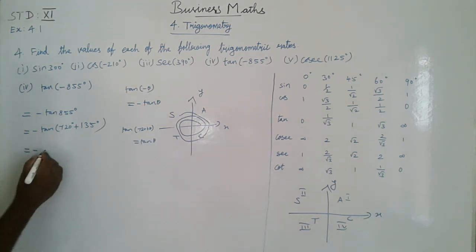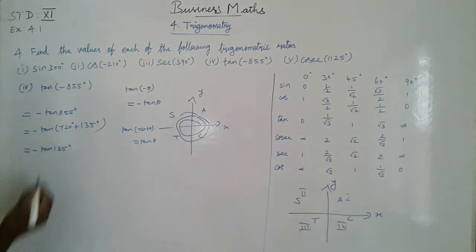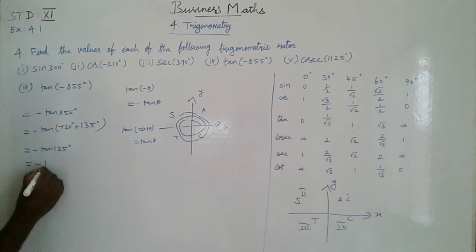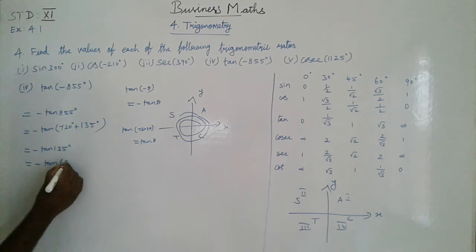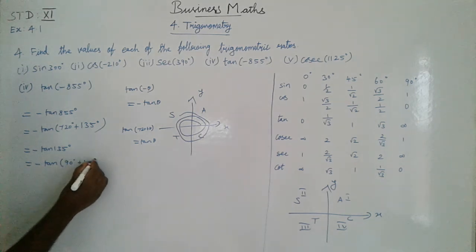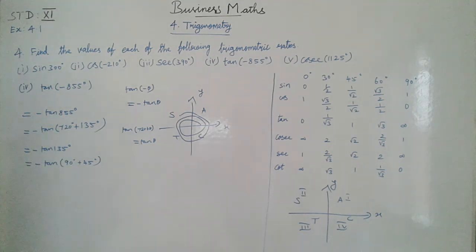So minus tan 135 degrees. Minus tan 135 degrees, we should write as minus tan of 90 plus 45 degrees.